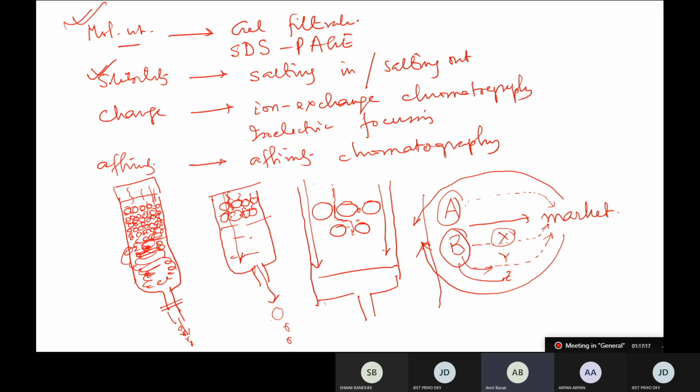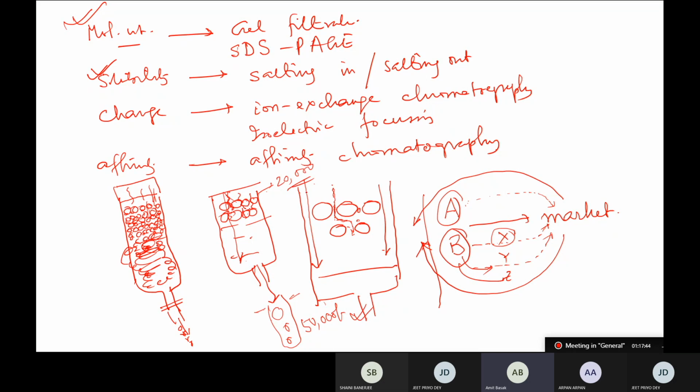If you carefully monitor and collect the fractions, you see that at some point you get proteins which have a molecular weight of 50,000 that have already come out, leaving the protein which is, suppose, molecular weight of 20,000. If you are interested only in this protein, then you can stop. You don't have to run any further.